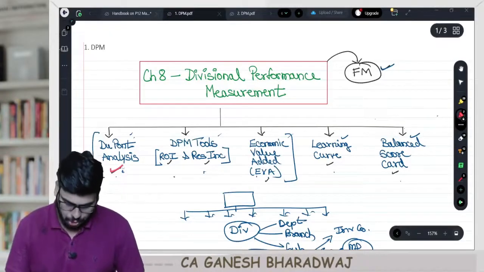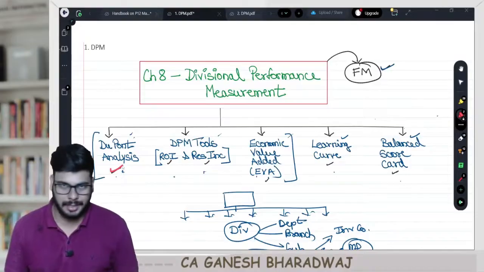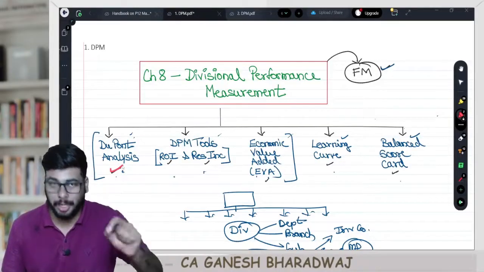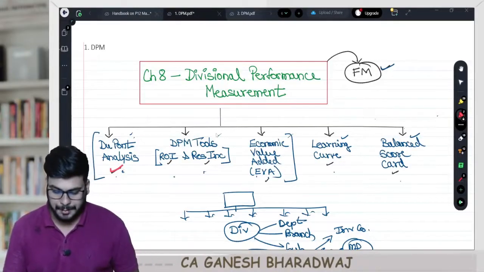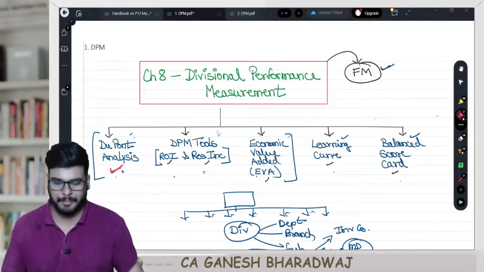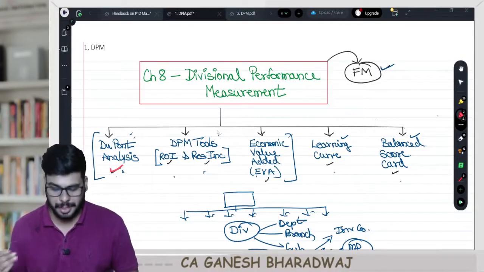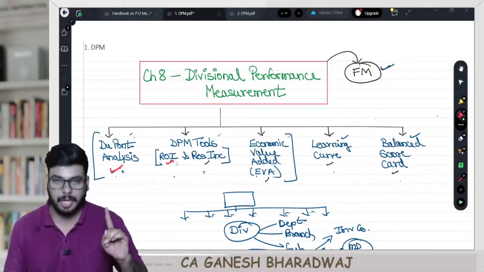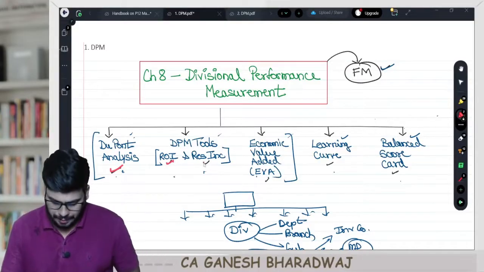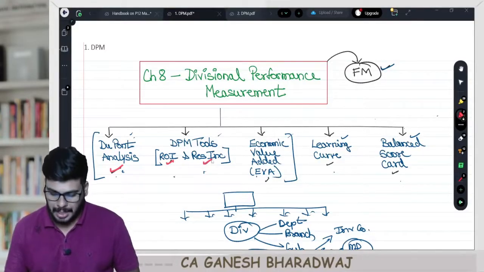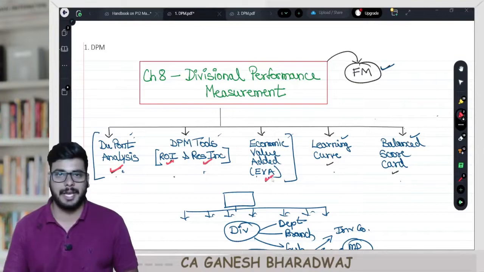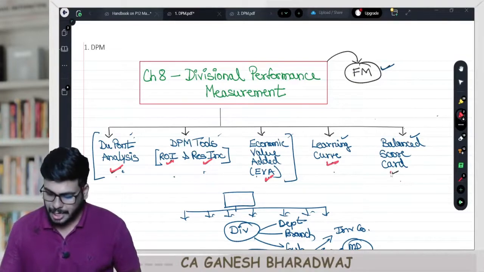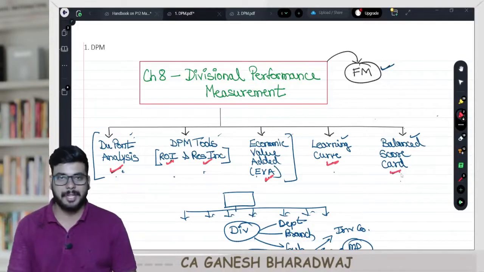First, you have something called DuPont analysis. Then you have DPM tools, that is divisional performance measurement tools, which is 2 tools broadly mentioned here: ROI, return on investment, and residual income. Then you have EVA, which is economic value added. Then you have learning curve, and you have balanced scorecard, right?